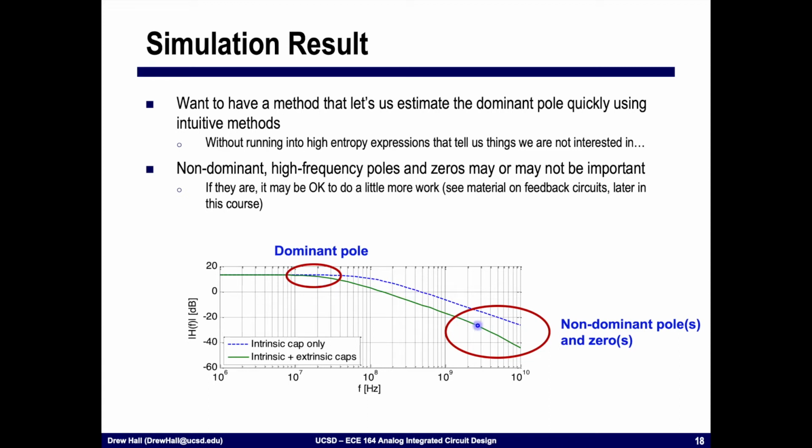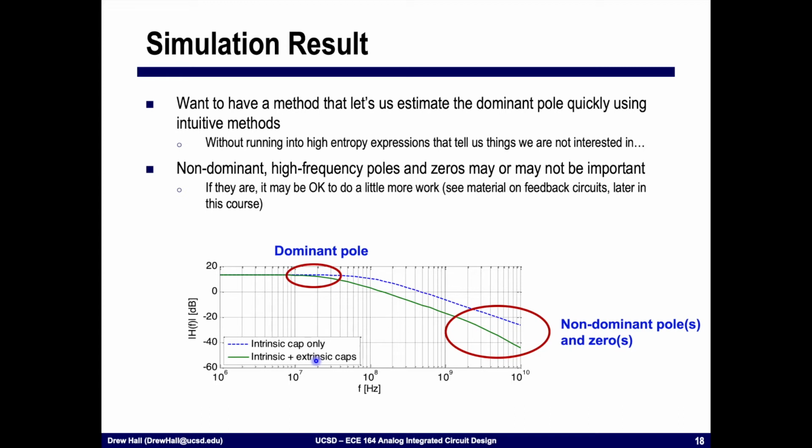As we start to roll off, something different is going on down here. The gain is rolling off at 20 dB per decade, and then all of a sudden over here it's rolling off a lot more. This is really due to that non-dominant pole and that zero in this second circuit with the extrinsic capacitors that we didn't see before.